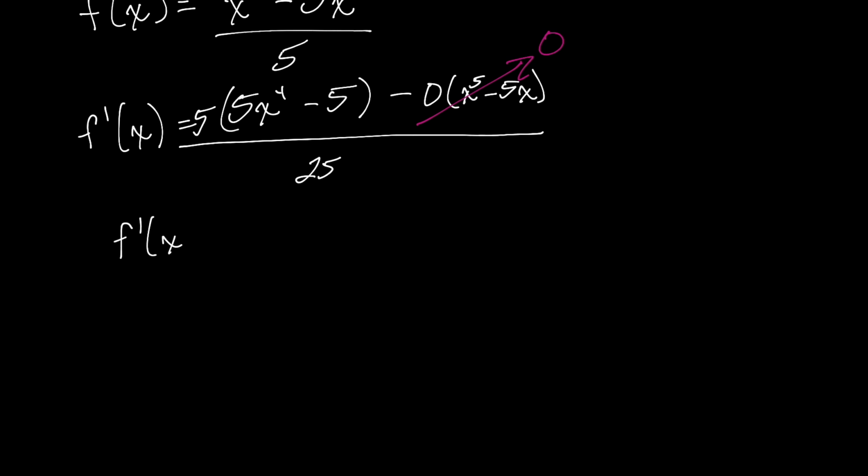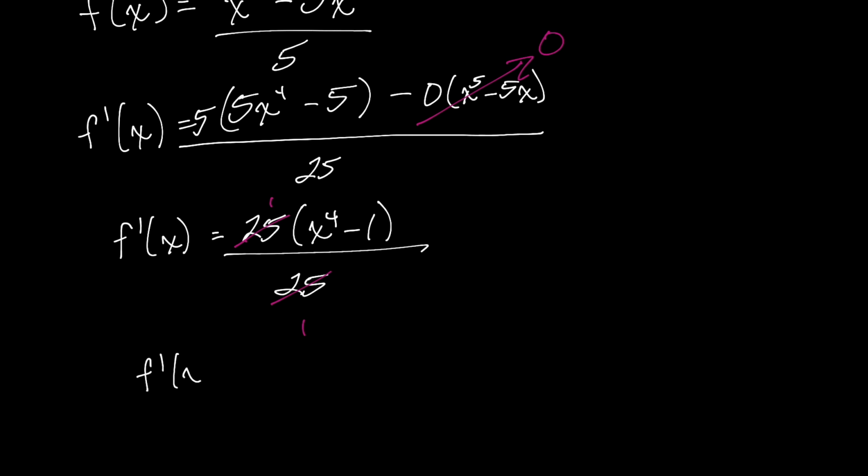Simplifying, I have f prime of x equals 25 times x to the 4th minus 1 all over 25. And naturally, we're going to see that these 25s cancel out. So we end up with f prime of x is equal to x to the 4th minus 1.